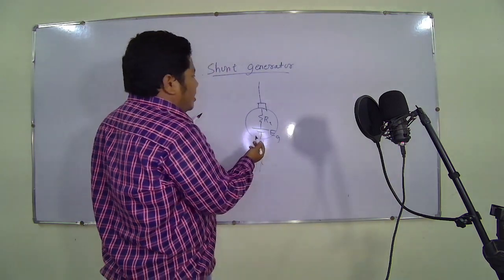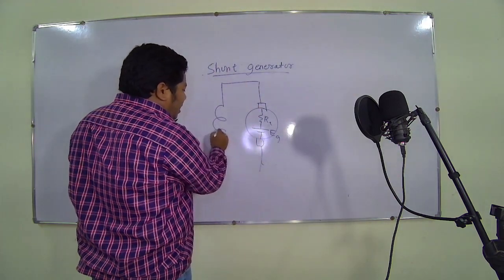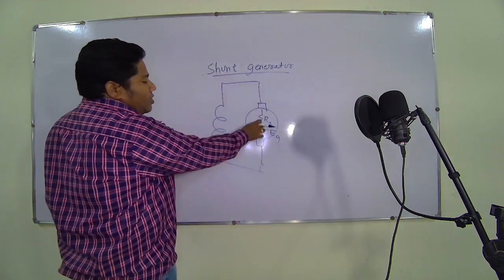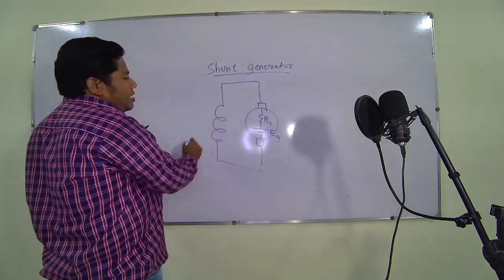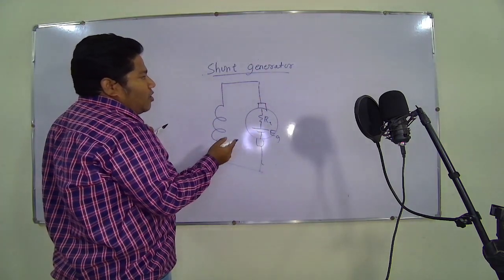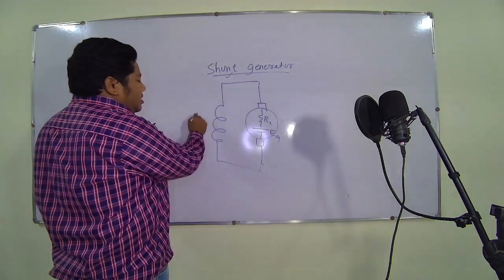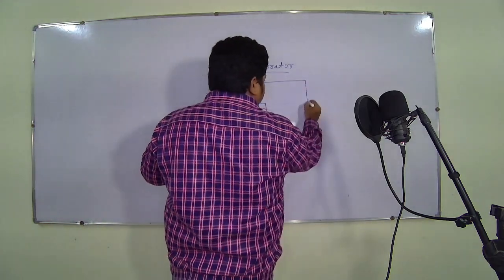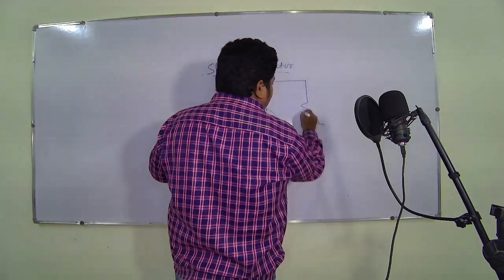In shunt generator, the field winding is in parallel with the armature. If armature and field winding are connected across each other, then it is known as shunt generator. This is shunt resistance RSH and this is load resistance RL.